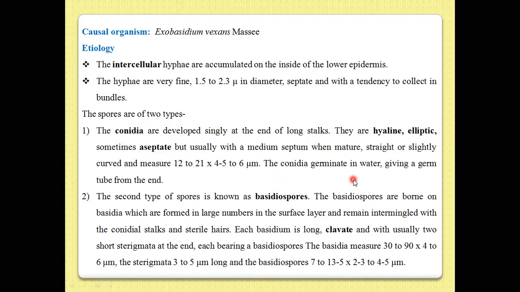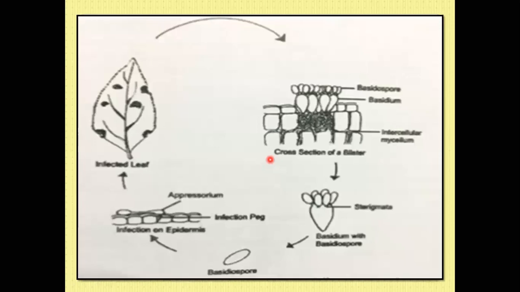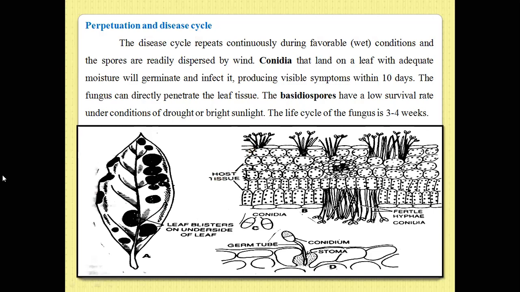So these conidia germinate in water, giving germ tubes. You see these infected host cells. The symptoms generally seen are blister-like swelling on the leaf portion.